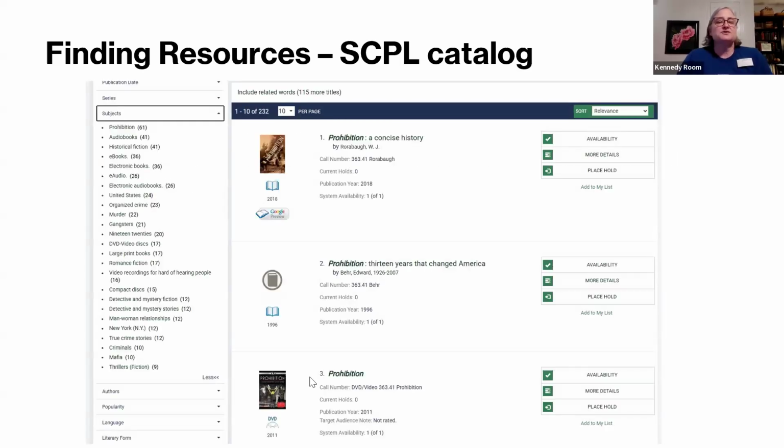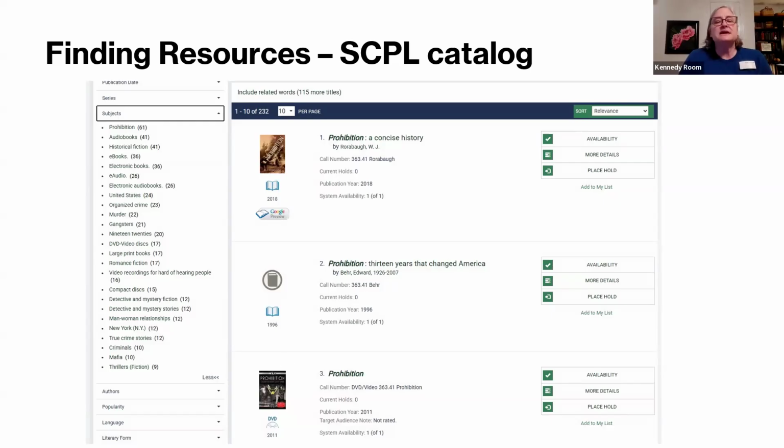This is a screenshot of our library catalog when I put in a keyword search for prohibition. It was 232, I think, results, and another 115 could be with related keywords. So you're going to find a lot of things.